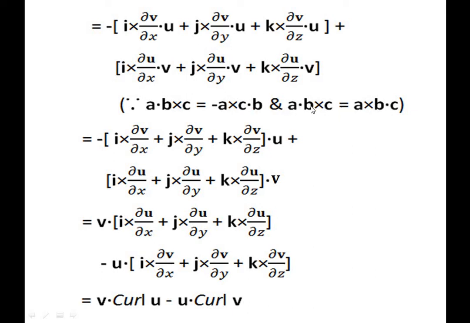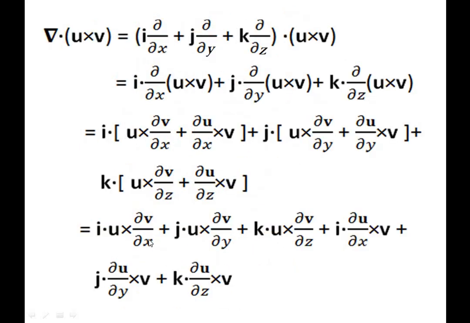That is, when interchanging the dot product and cross product, a dot b cross c equals a cross b dot c. But when we change the position of b and c, a dot b cross c equals minus of a cross c dot b, that is changing the position of c and b. Then we substitute a minus and rearrange like that.